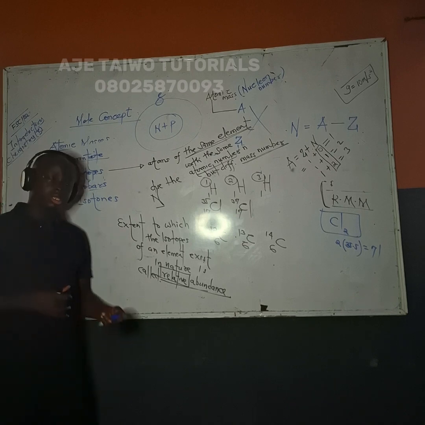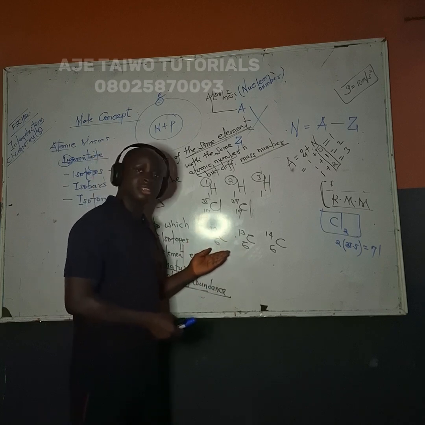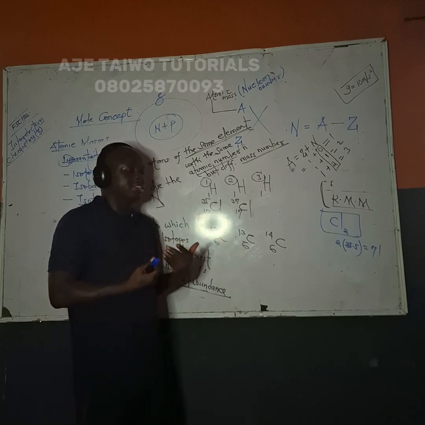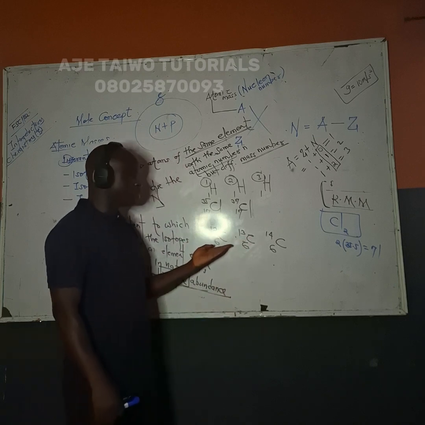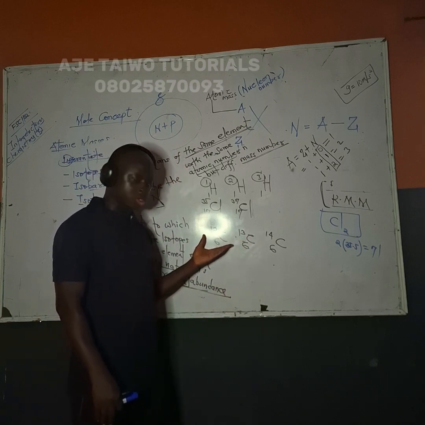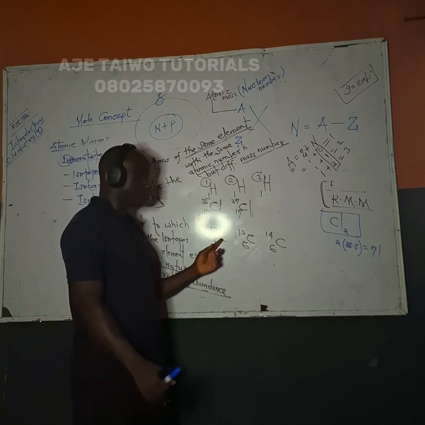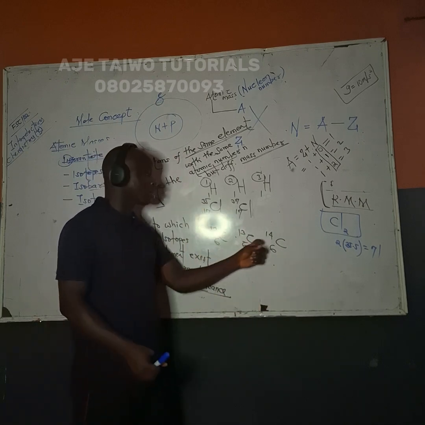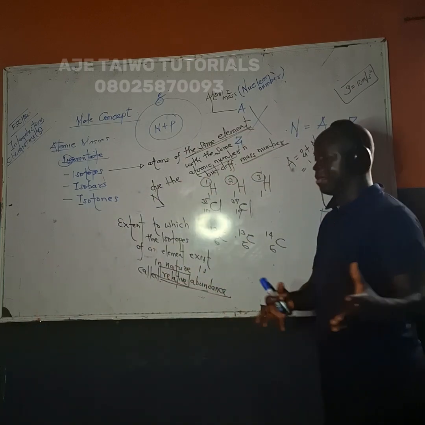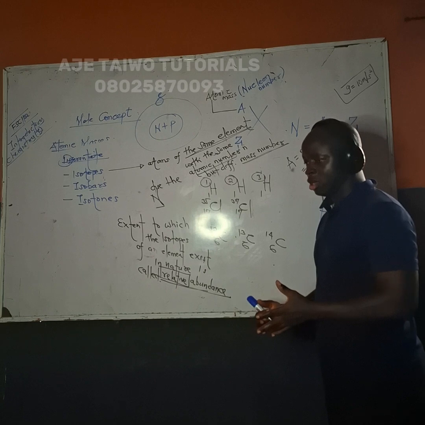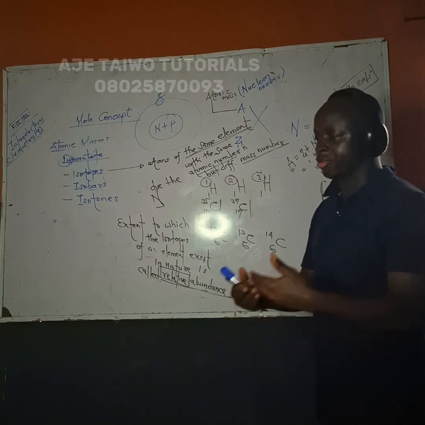So take note. To what extent does carbon-12 exist in nature? What's the percentage of carbon-12 in nature of the whole carbon we know? Just like in the world, there are males and females. What's the percentage of male? What's the percentage of female?